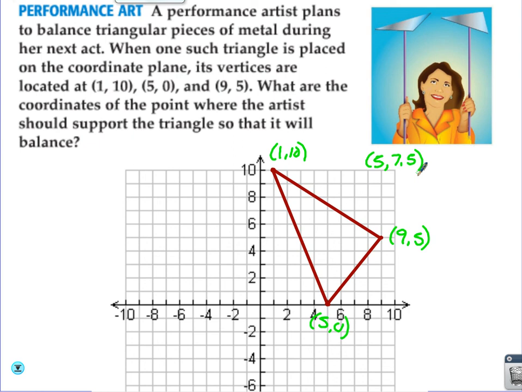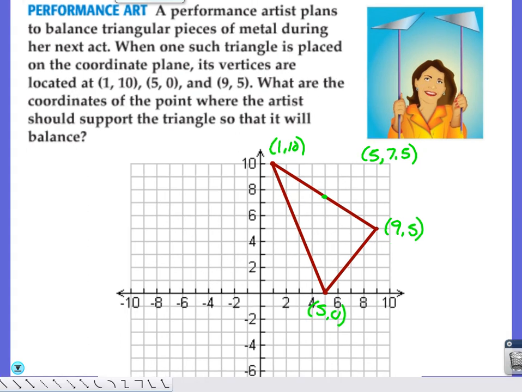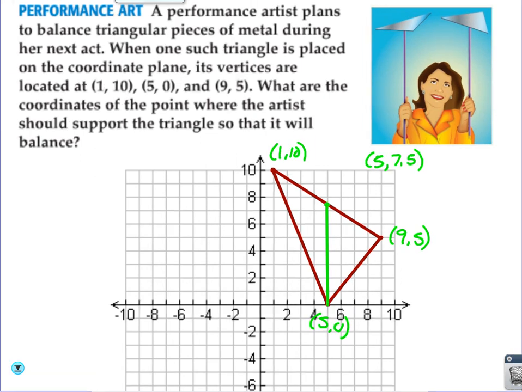So let's plot it. Let's see if that's true. 5, 7.5. Right there. Yep. And that is, once again, your median. Draw it from the vertex to the middle. Now let's do another one. Help me out, Abby, with this one. Let's do (1, 10) and (5, 0).